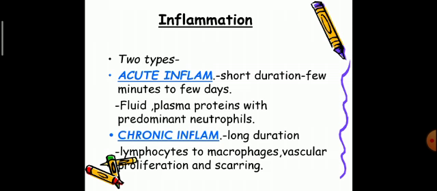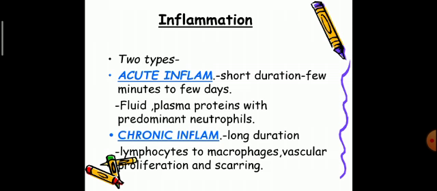Acute inflammation is of short duration, a few minutes to a few days, with fluid and plasma proteins and predominant neutrophils, and chronic inflammation is of long duration. The lymphocytes, macrophages, vascular proliferation and scarring all go together.